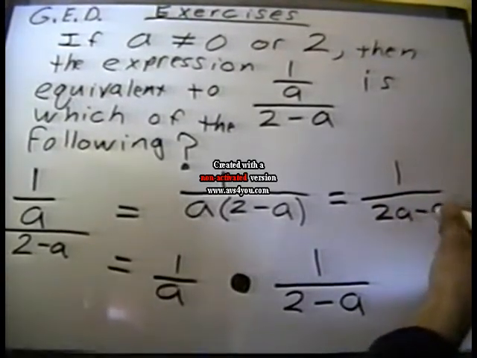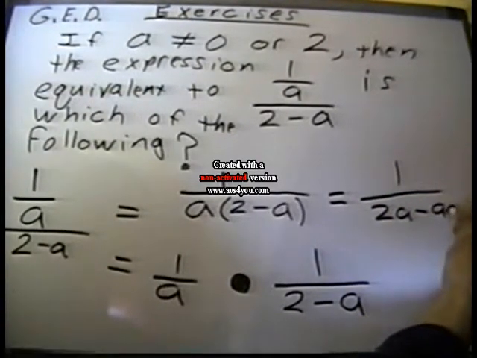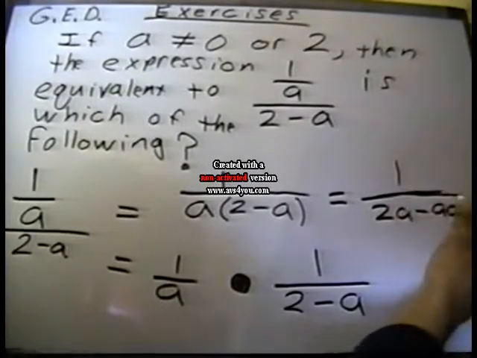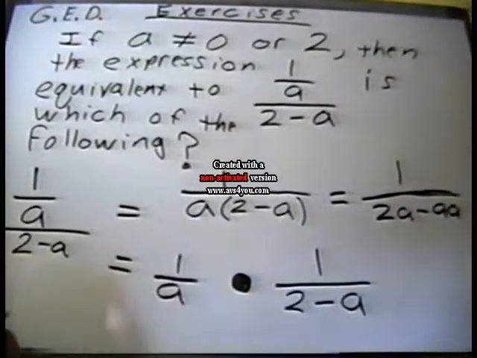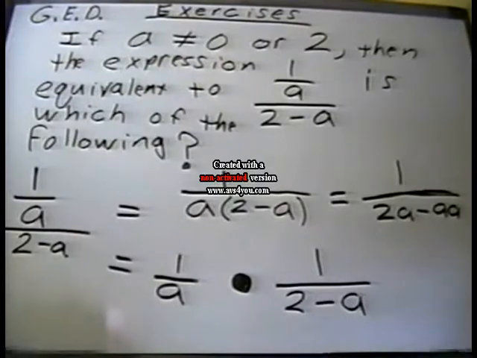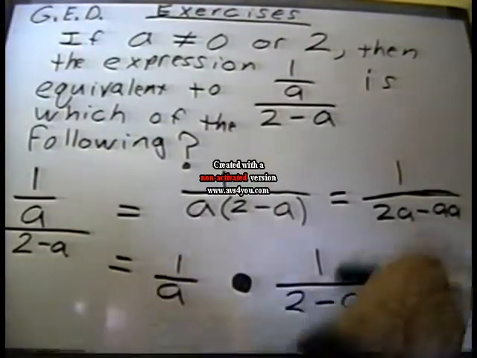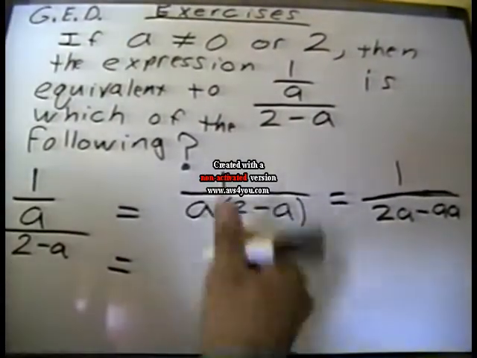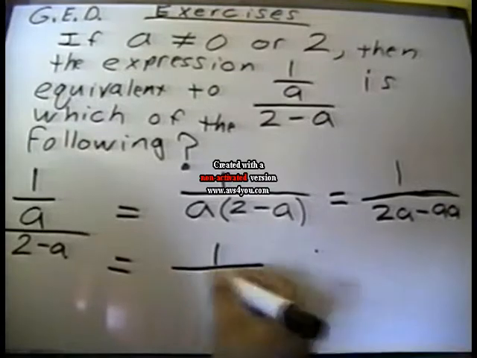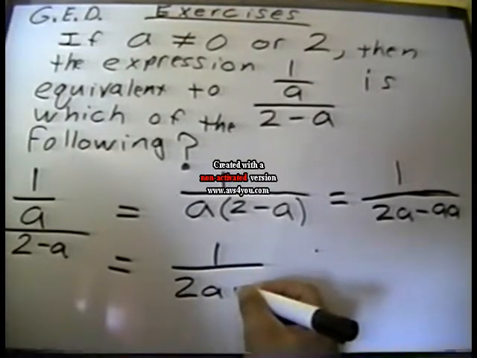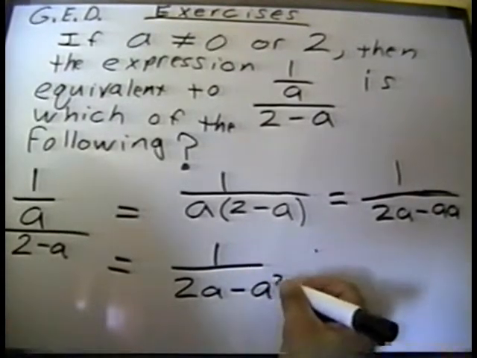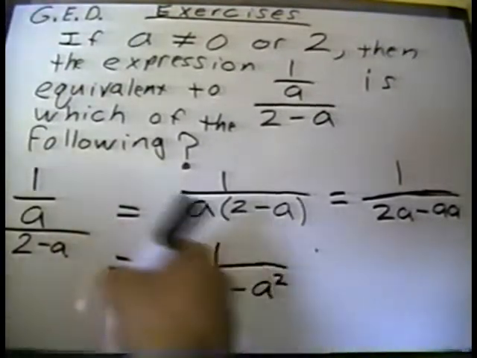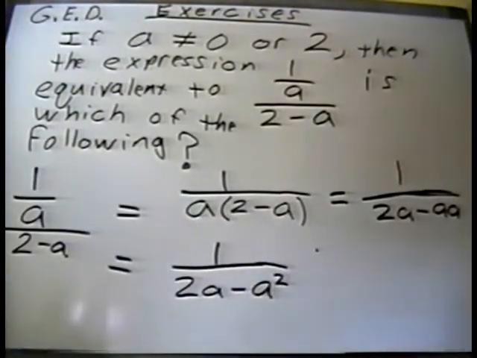Then that gives us 2a minus a squared, or a by a. Okay? So simplifying that into our notation, you get 1 over 2a minus a squared.